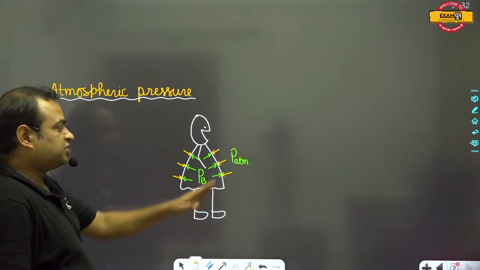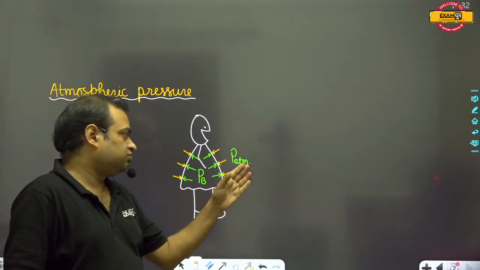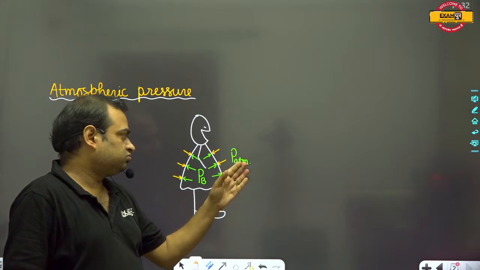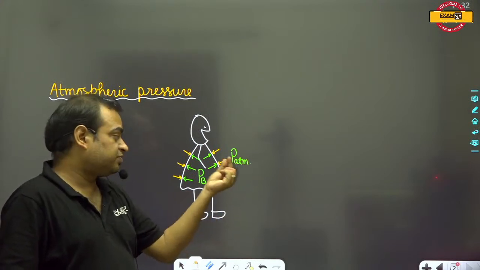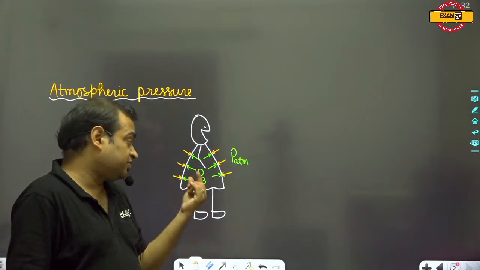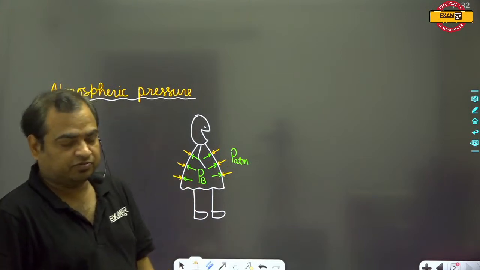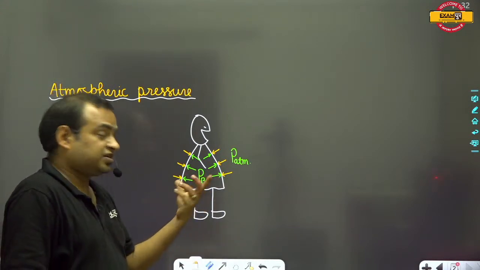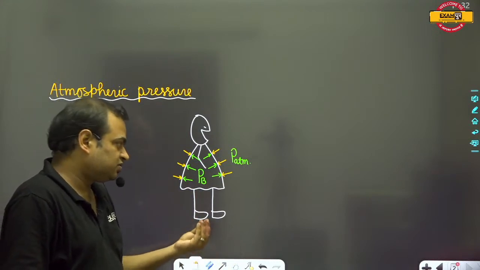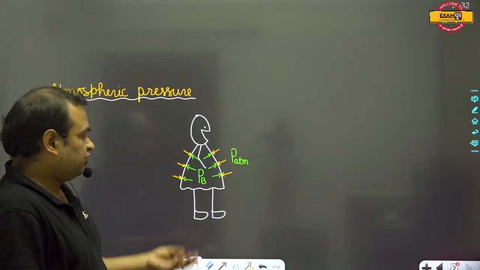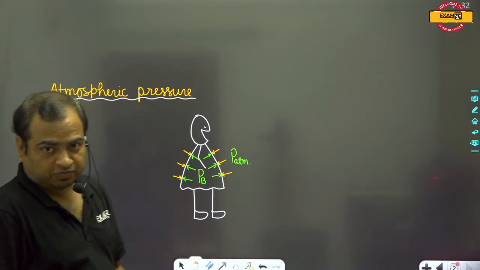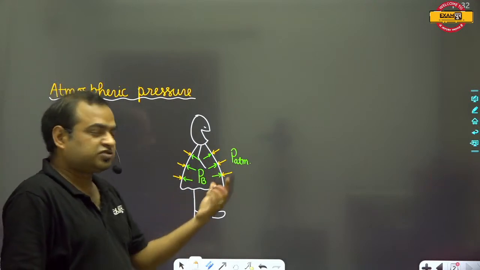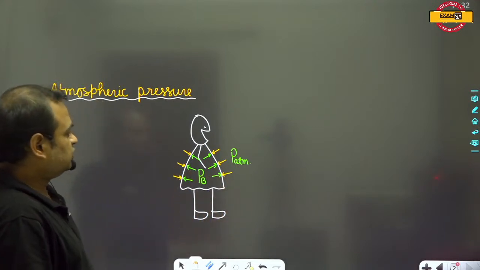When this atmospheric pressure is not balanced by the blood pressure, we feel problem. Like when the blood pressure is high, we feel problem. When the blood pressure is low, we feel problem, because this equation gets disturbed.